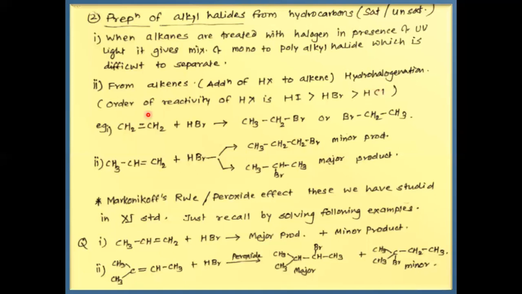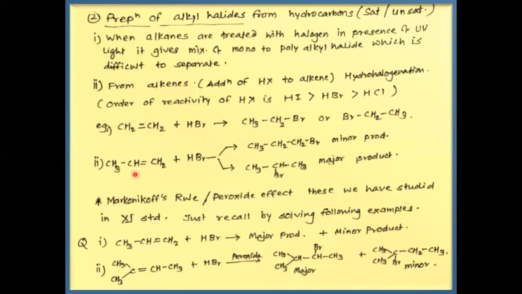So this is the order of reactivity. See, for example, CH2 double bond CH2 plus HBr, this is an alkene. Hydrogen goes to this carbon, bromine goes to this carbon, and the double bond changes to a single bond. So CH3CH2Br, or BrCH2CH3.